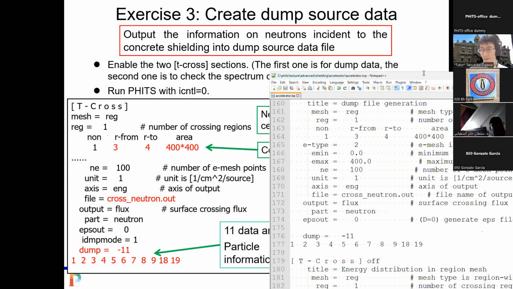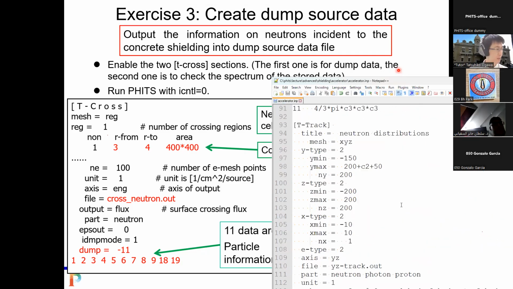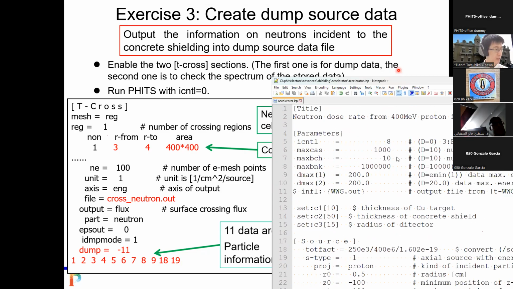How is it going? Now it's time for the answer. In this exercise number 3, please change icntl to 0 to perform particle transport simulation.